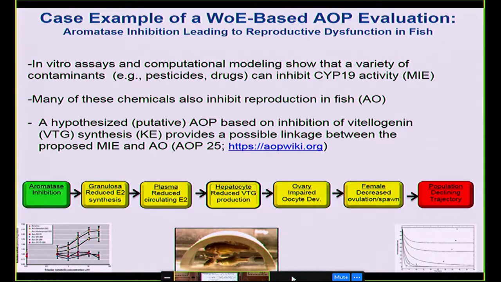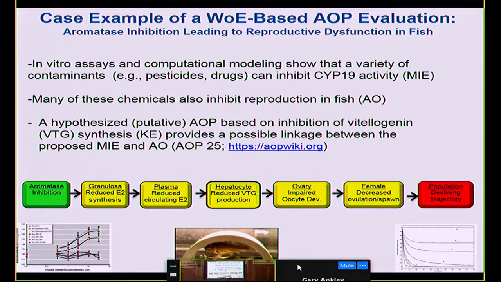From this, we proposed a few years ago now a hypothesized or putative AOP that links the molecular initiating event to the adverse outcome of decreased reproduction. The components of the AOP are shown along the bottom here.